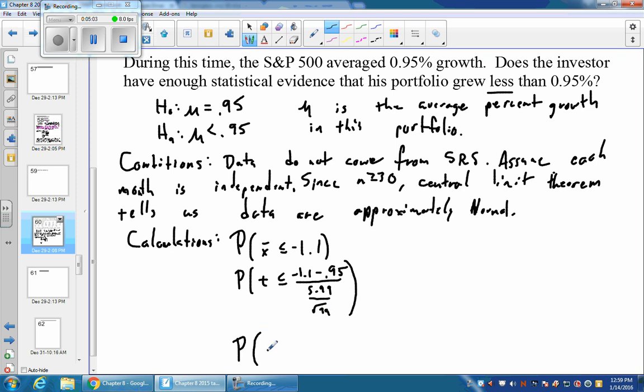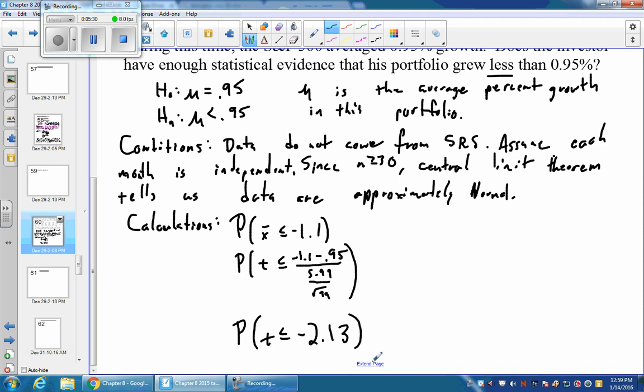So now that's the probability our t-value is less than or equal to, doing the math here, negative 0.95 divided by 0.9. So I got a t-value of negative 2.13. That was our t-test statistic.